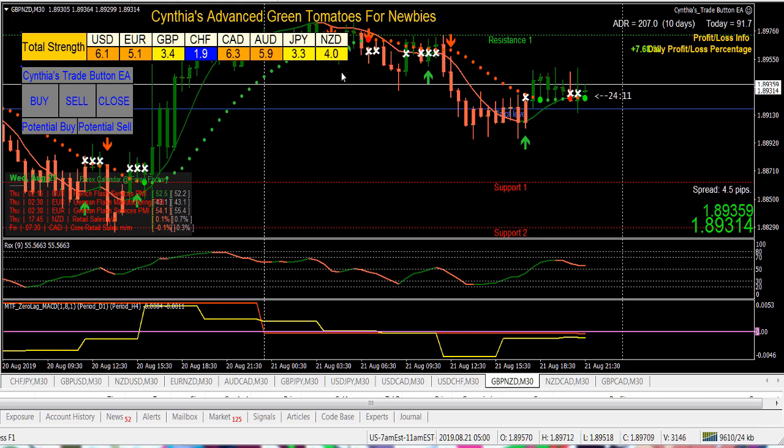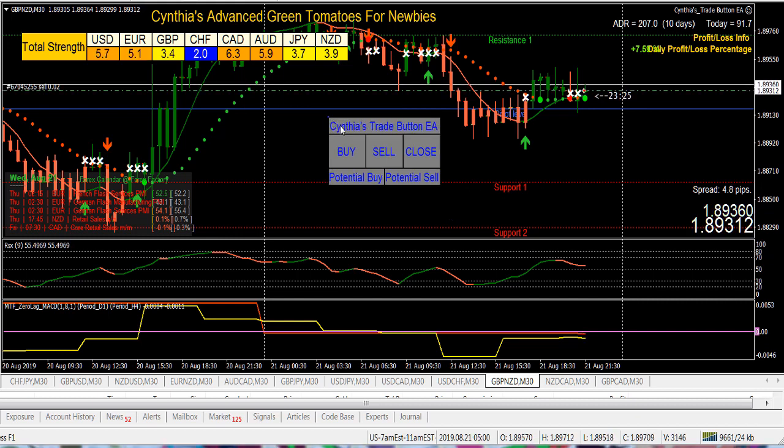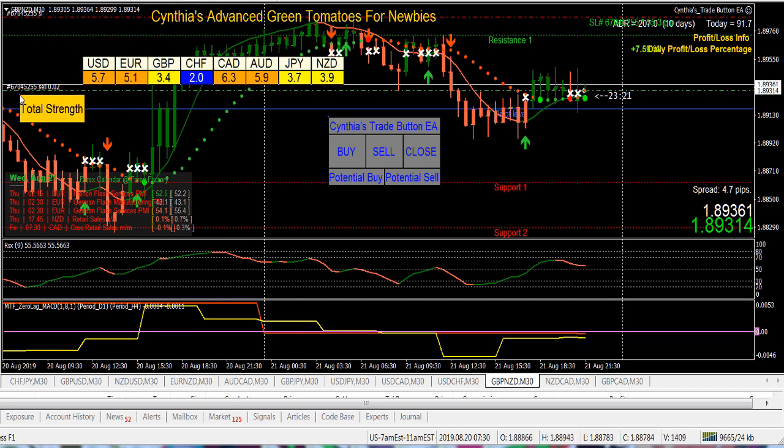The next sophisticated advanced trading tool is my trade button, and the trade button is a one-click trade placement button in addition to being the trade manager for any trade that you place. And it's movable on your chart, as is the currency strength meter, so you can place them wherever you like on your chart so you're not covering up things that you want to see.